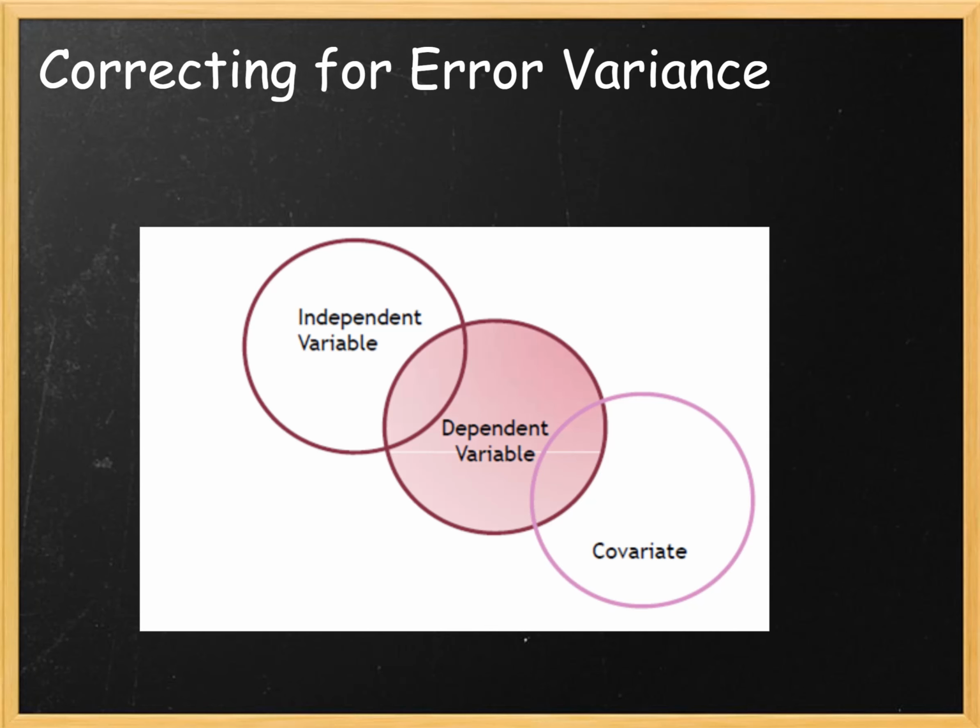So this is kind of a visual depiction of an ideal situation where the covariate is accounting for some of the error term and is giving us a better ability to detect the IV-DV relationship.